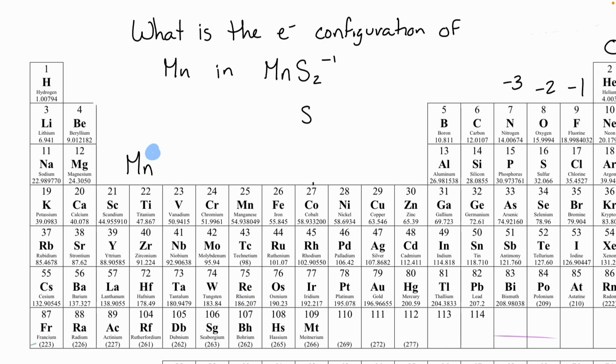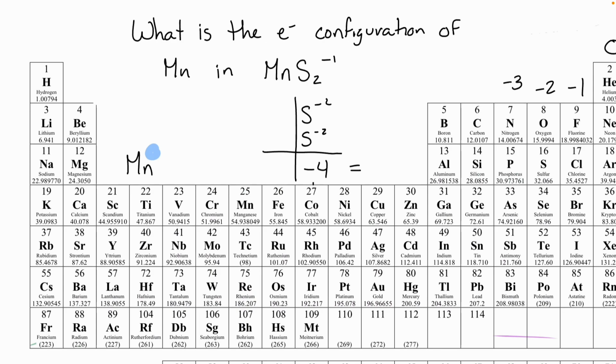I have two sulfide ions, each have a charge of -2. How do we know that? Based on where sulfur lives on the periodic table. And if I sum them up, I got a total amount of negative charge of -4.